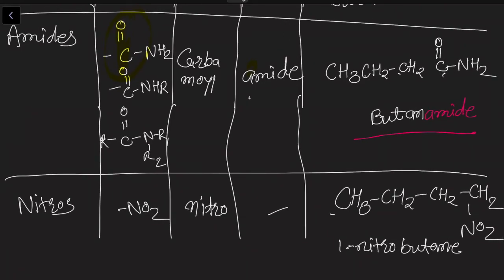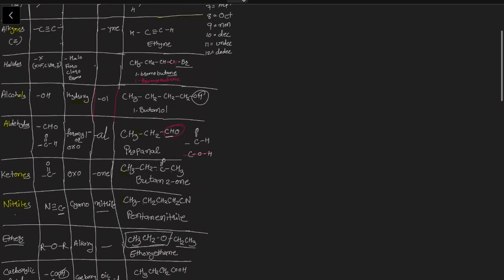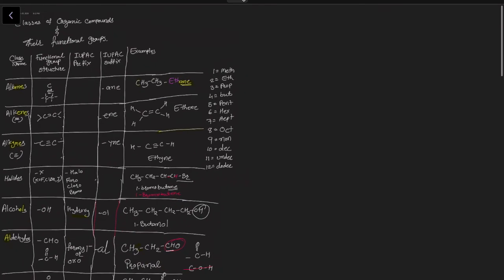Alright, that's it for this video. We'll do a quick review on it. For the quick review, we did cover alkane, which is carbon-carbon single bond, and the IUPAC suffix is ane. Then alkene, which is ene.